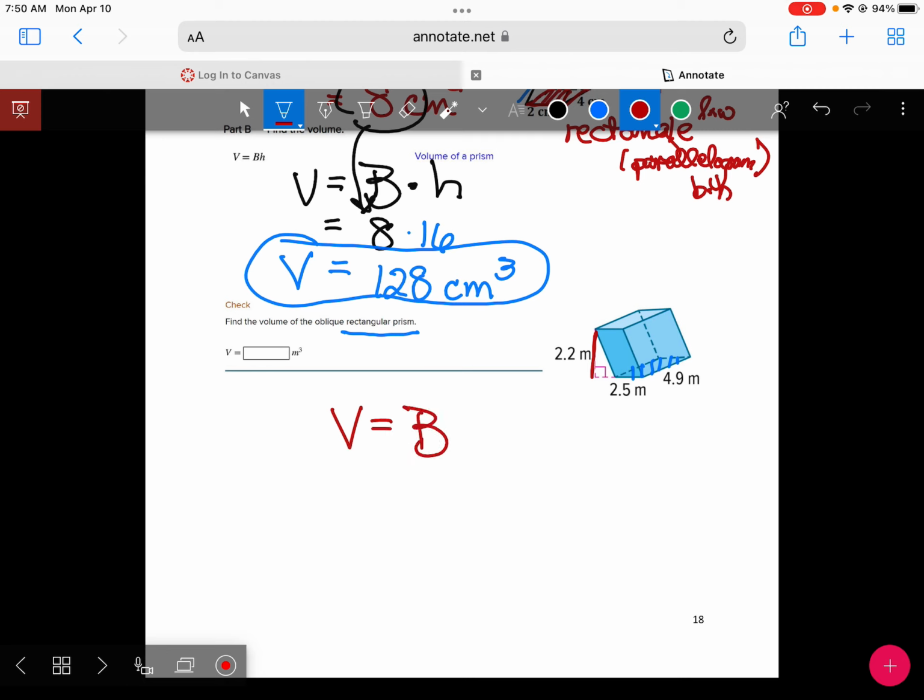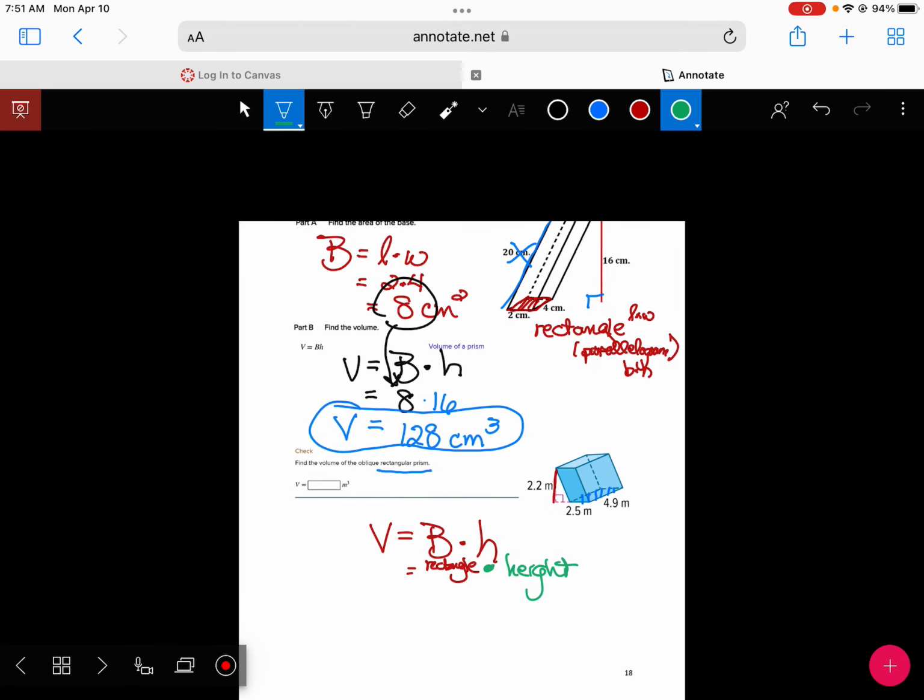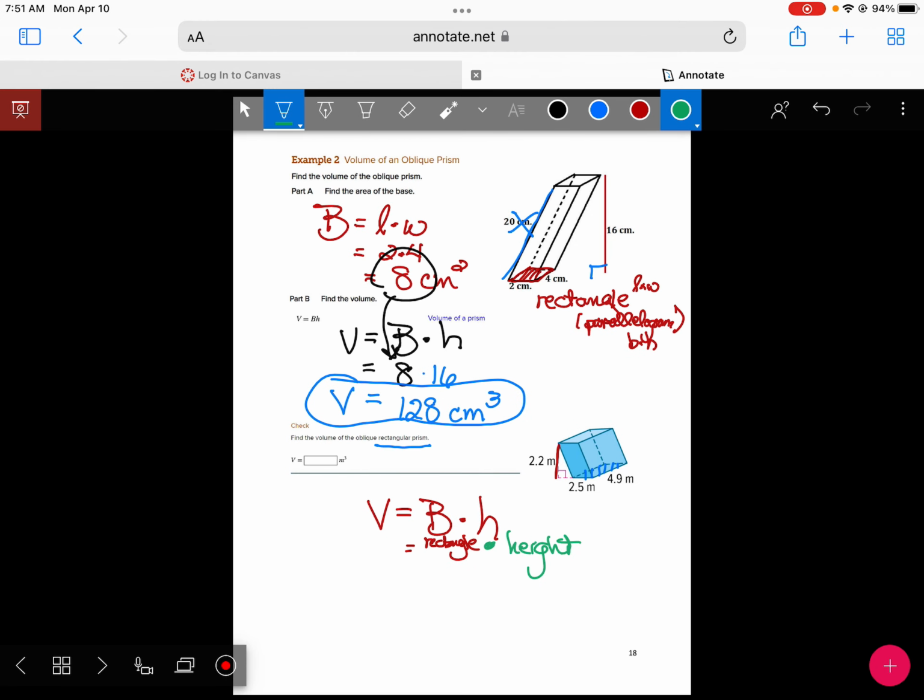Area of the base times your height. So this is a rectangle, and then times your height. All right, and I'll have those in the notes a little bit later. Questions on the top one, example 2? Any questions on that?